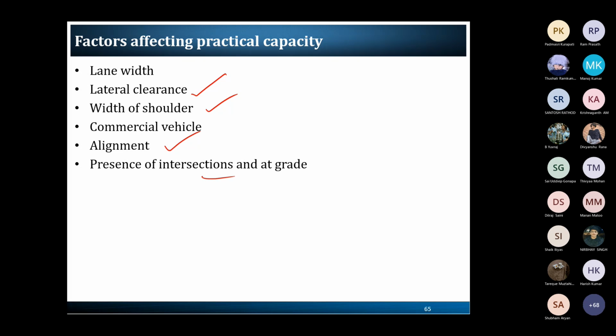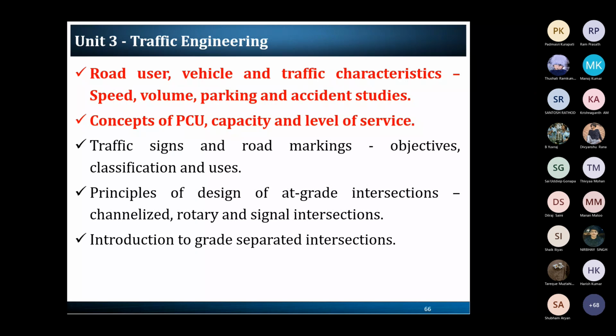So all these facilities within the trap length influence your practical capacity. So this is the second component, capacity: how much the provided road can accommodate vehicles with interruptions as well as without interruptions, and what factors are influencing that particular capacity.